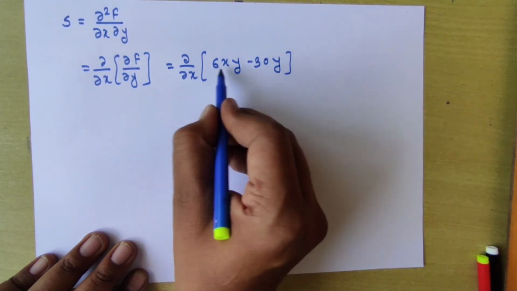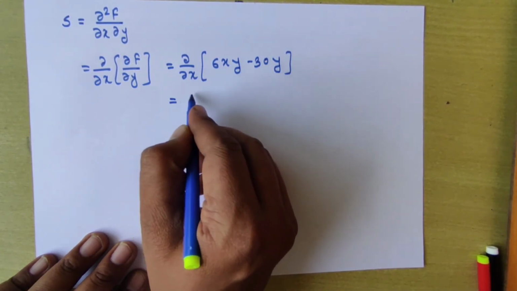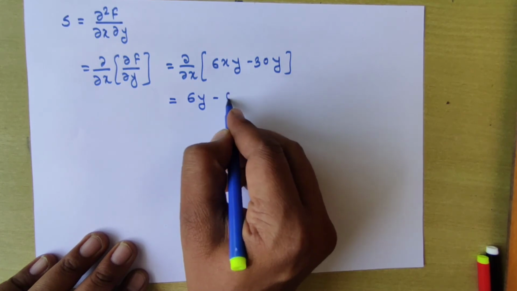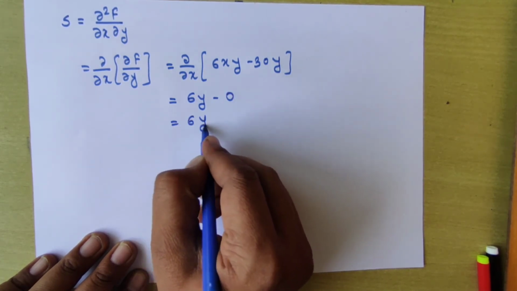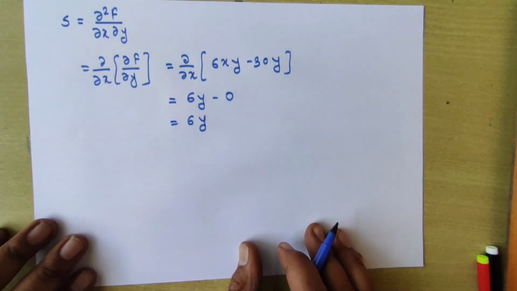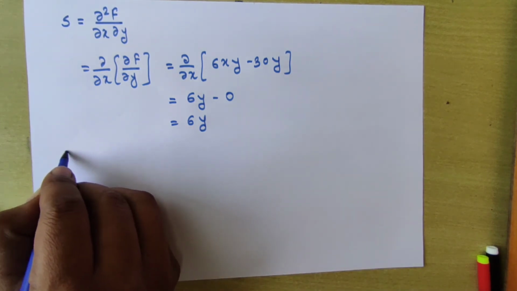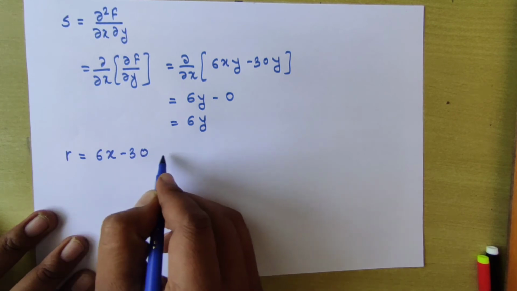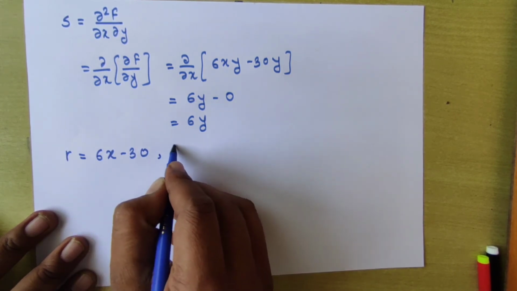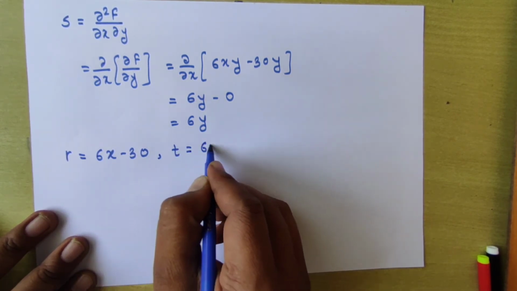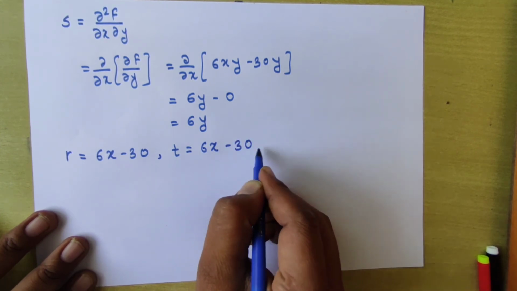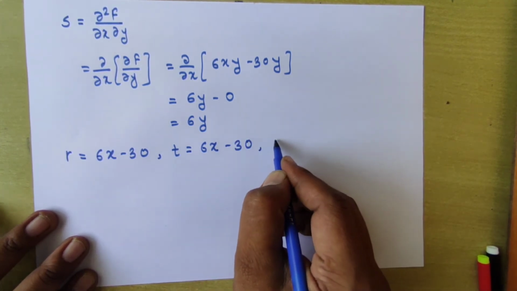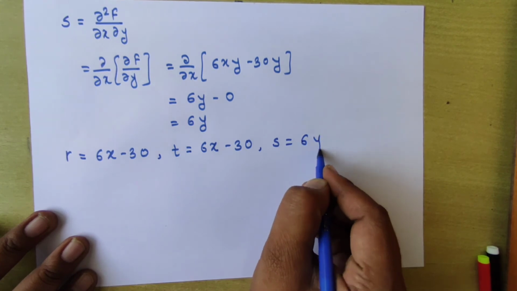Now differentiating this with respect to x, we get 6y - 0, that is 6y. So finally we get the value of r is equal to 6x - 30. Value of t is also 6x - 30, and value of s is 6y.